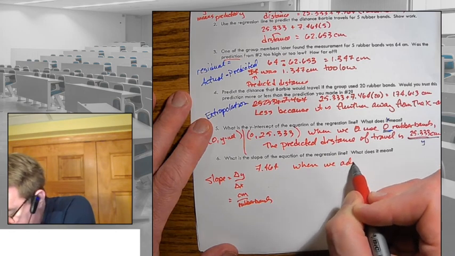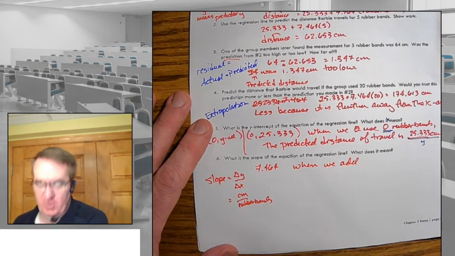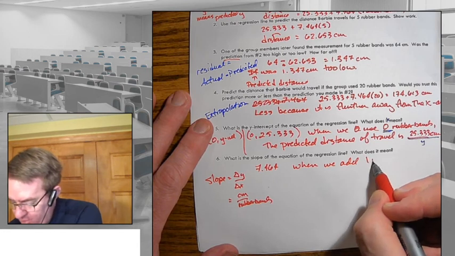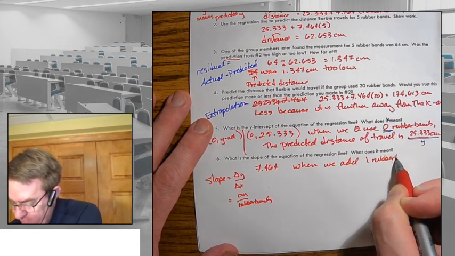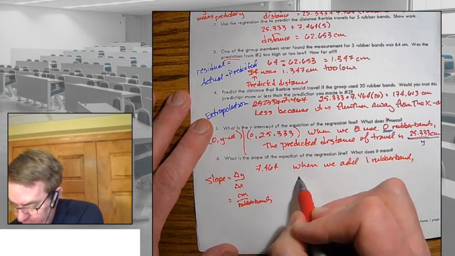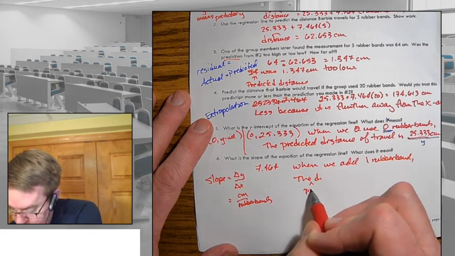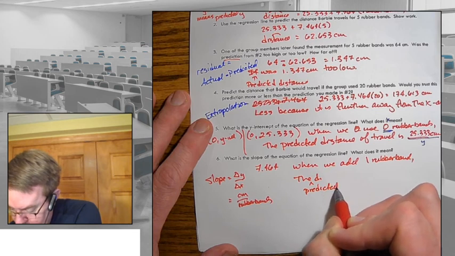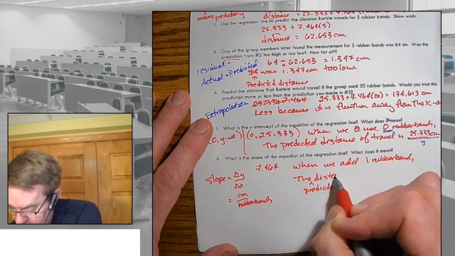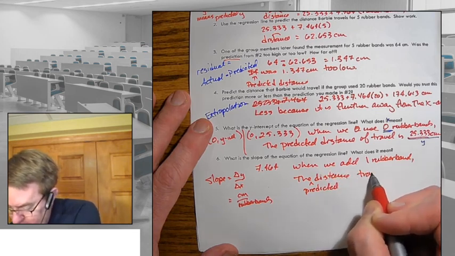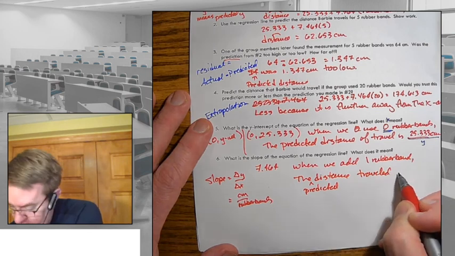So 7.464, so we're going to say when we add, because what are we controlling? We're controlling the x value. So when we add 1 rubber band, the predicted distance traveled increases by how much?